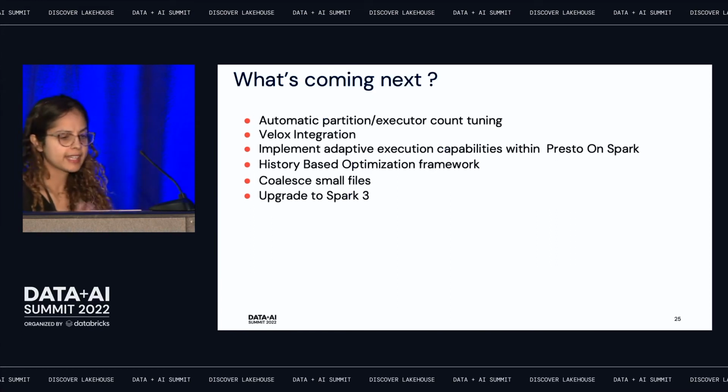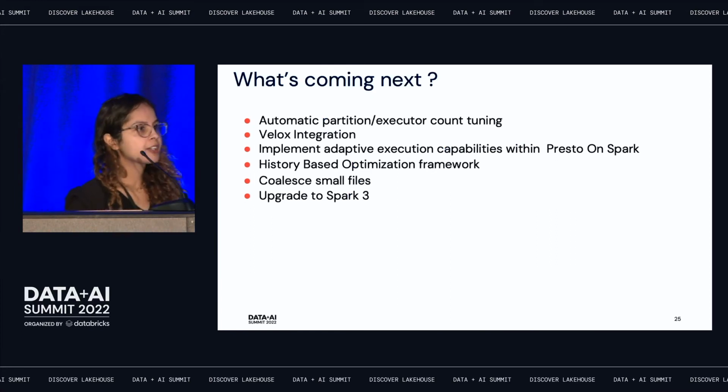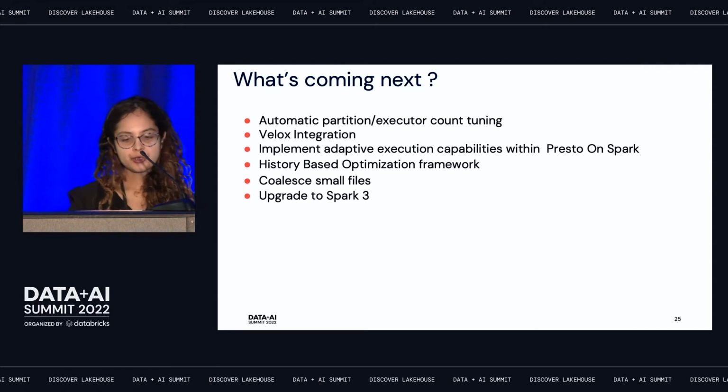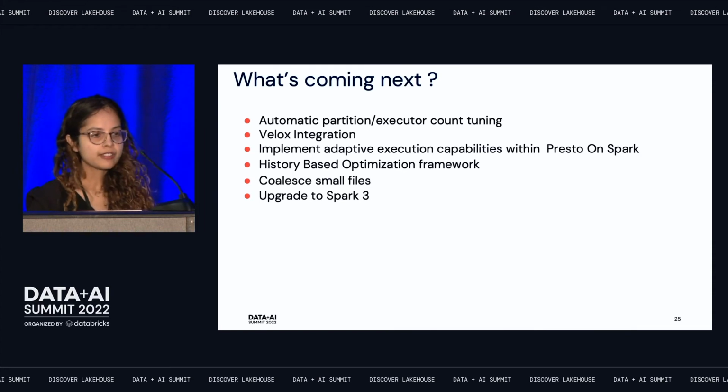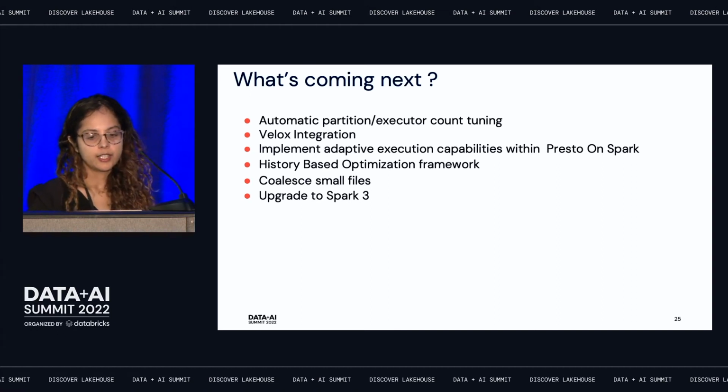So what's coming next? When you're using Presto on Spark, you have to manually tune parameters like the Spark SQL shuffle partitions, which is called query hash partition count in Presto, and the Spark dynamic allocation max executors. With the features coming in, you won't need to do that. It offers Velox integration. Velox is the Presto team's rewrite of their core engine in C++, so you'll get better performance when you move to Velox.